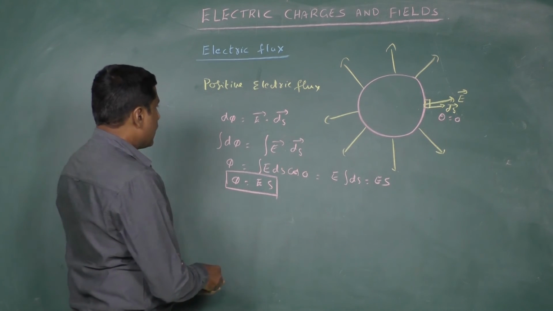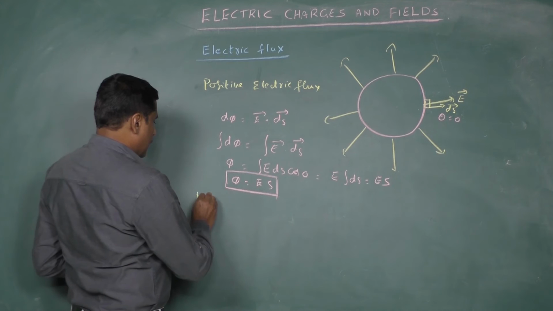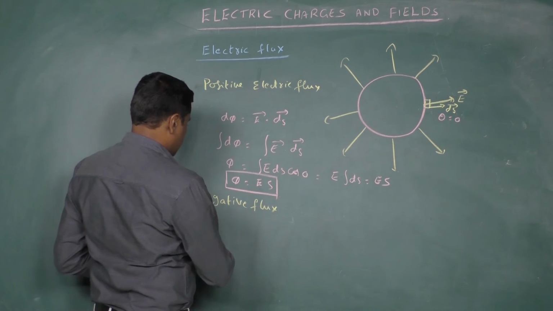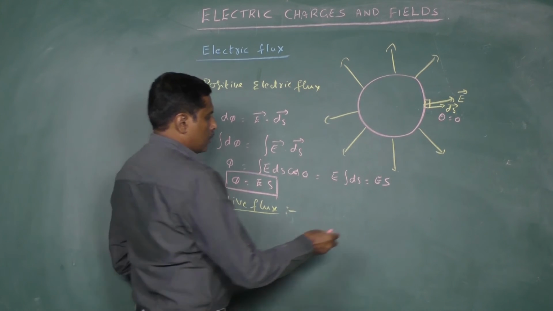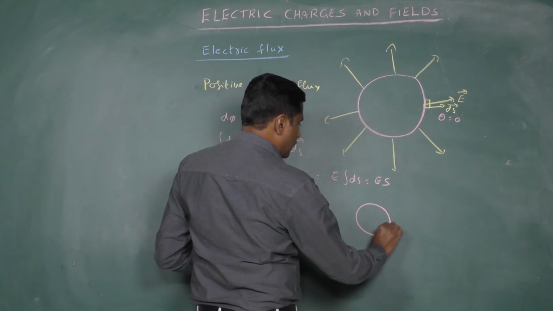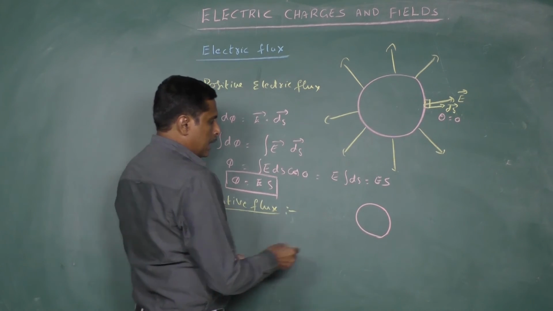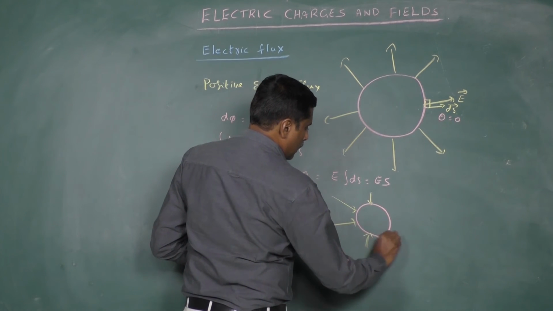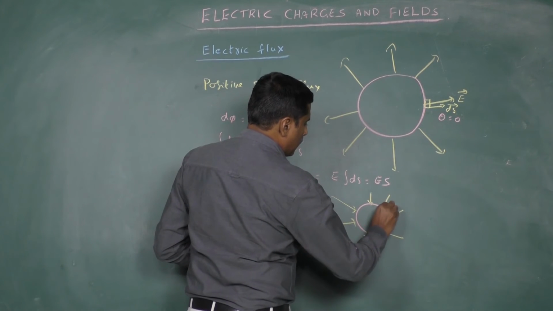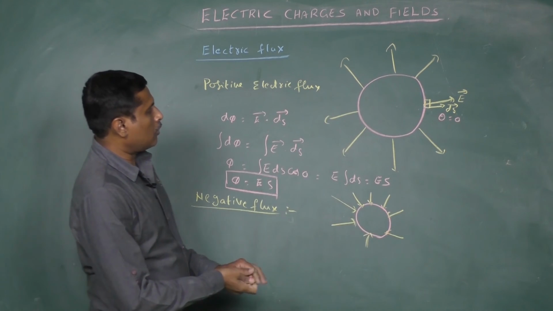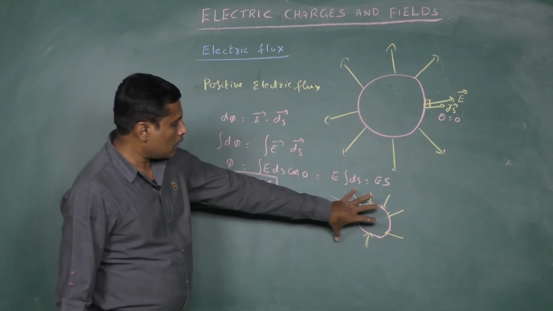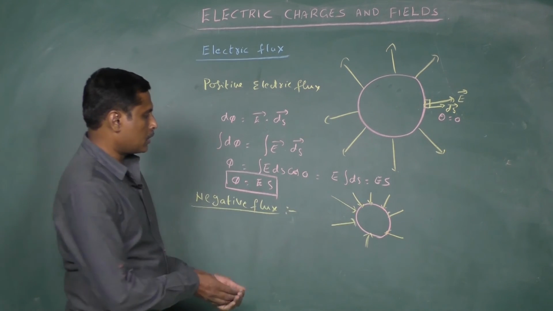Now negative flux. What is meant by negative flux? Suppose we consider a closed surface like this and electric lines of force enter into this surface. In the previous case the electric lines of force were away from the surface; here the electric lines of force enter into the surface.